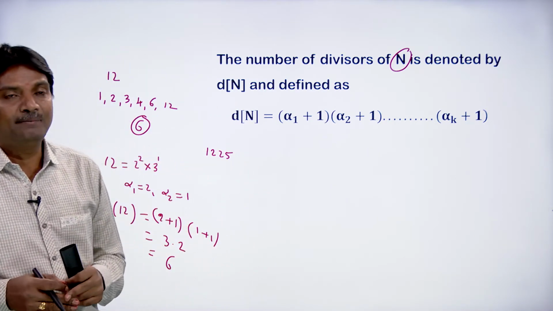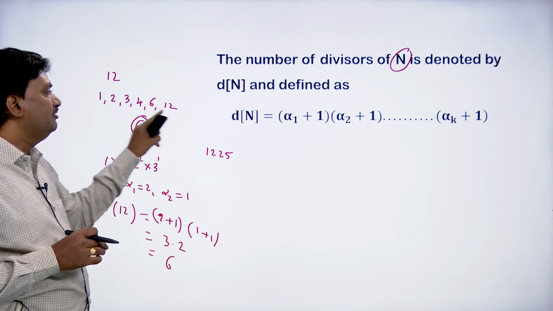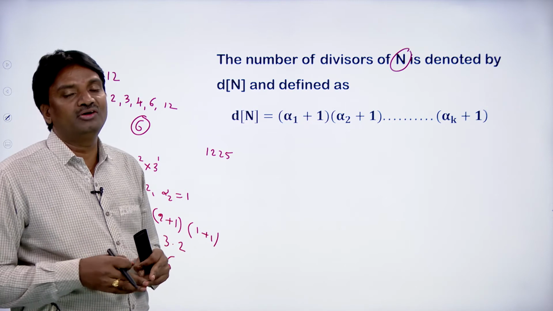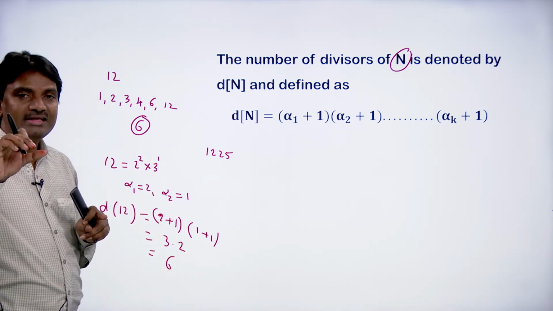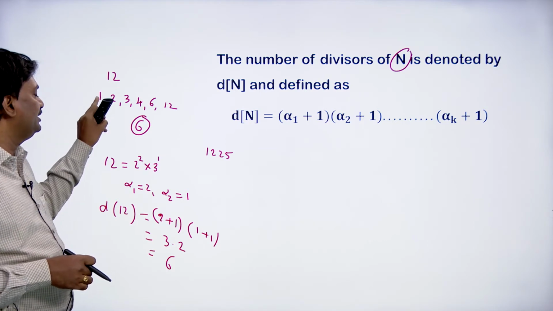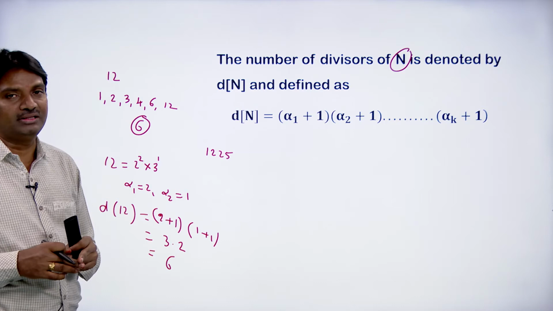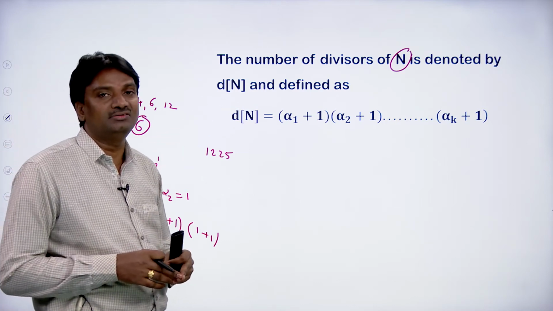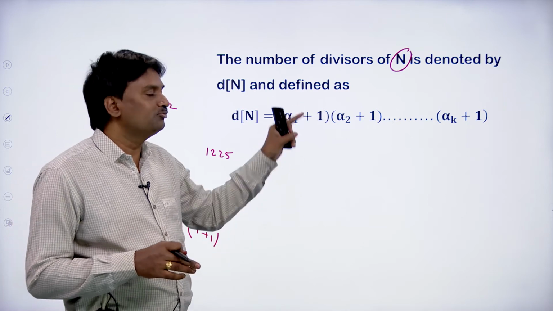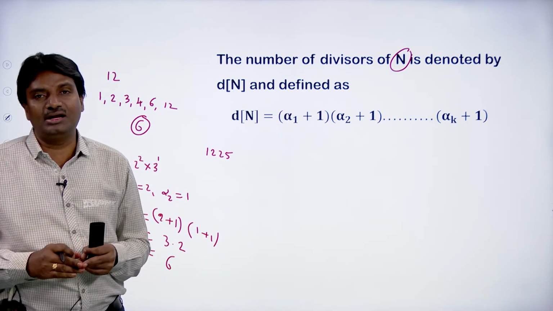Whatever the number may be, first let us write that number in the form of p1 power alpha 1 into p2 power alpha 2 into so on. If we take the number 12, by taking all the divisors we can write 1, 2, 3, 4, 6, 12. So, total 6 divisors are there. By using this formula also, we have got the same number, that is 6. So, by using this formula, we can find the number of divisors of any natural number.